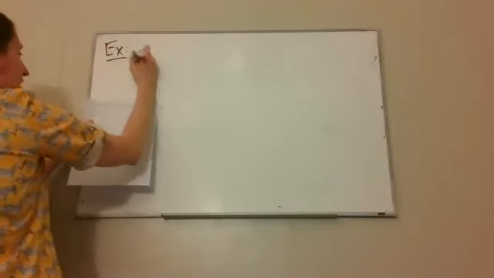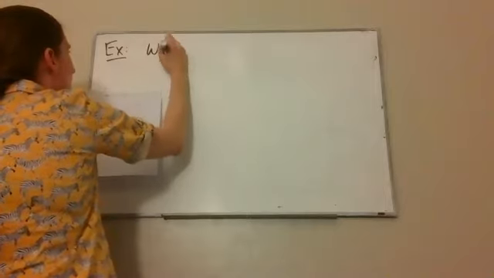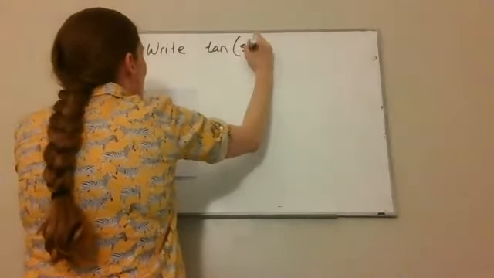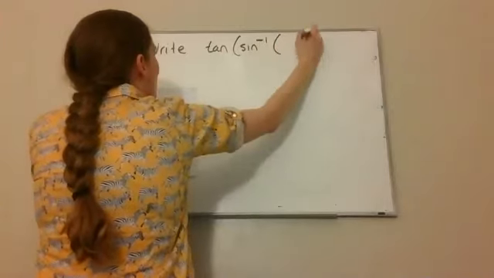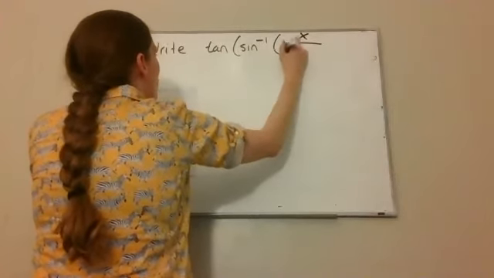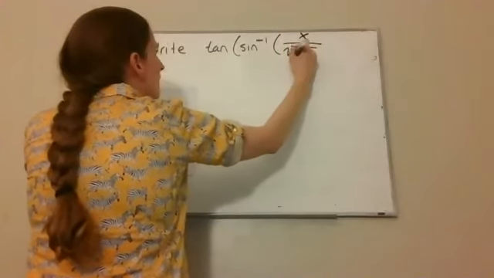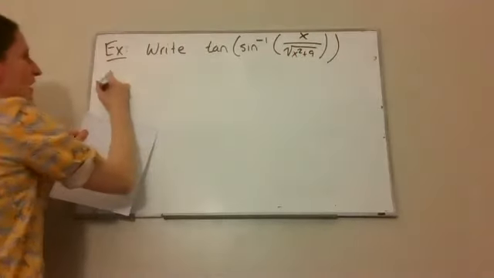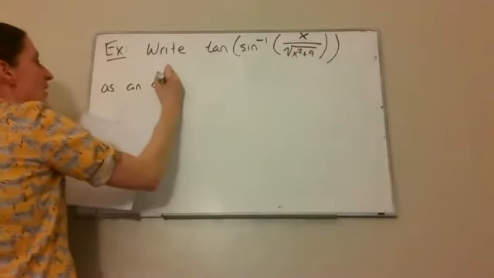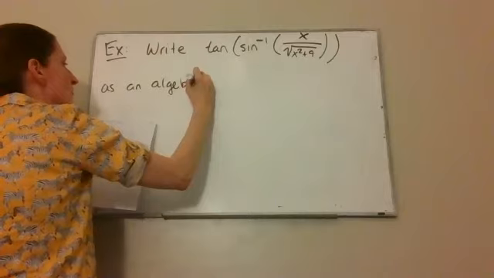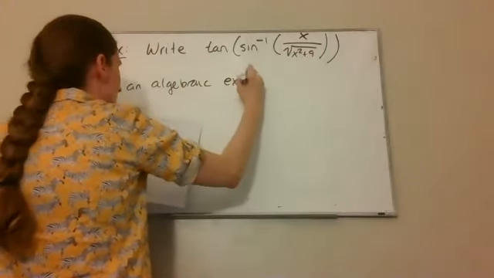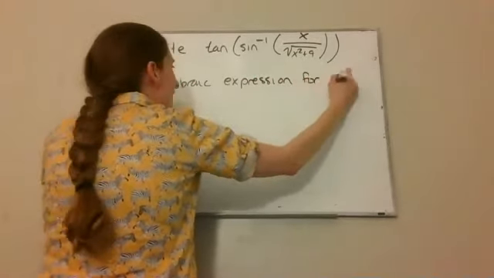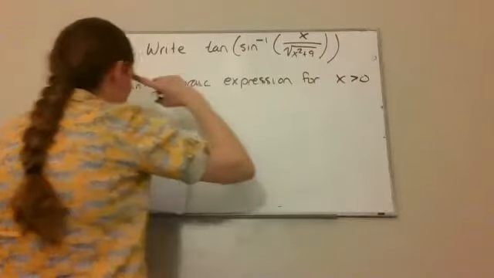Let's do another strange example. Let's write tangent of sine inverse of x over the square root of x squared plus 9 as an algebraic expression for x greater than 0.